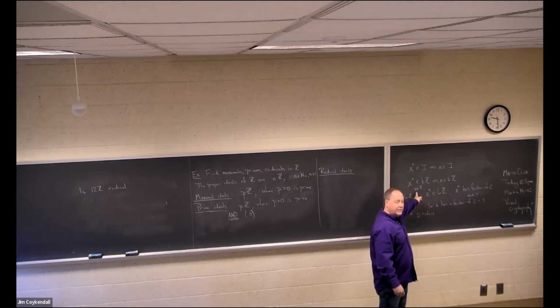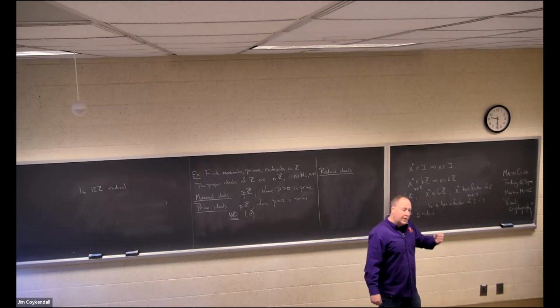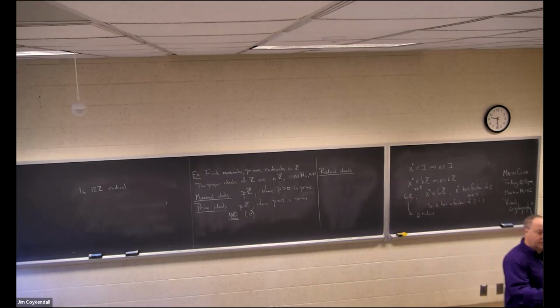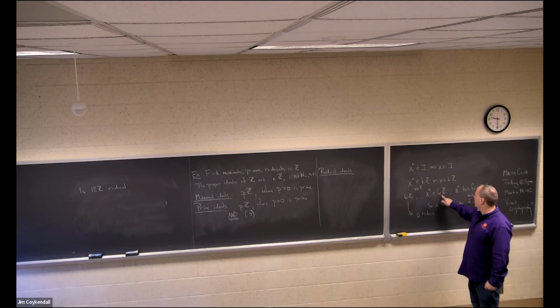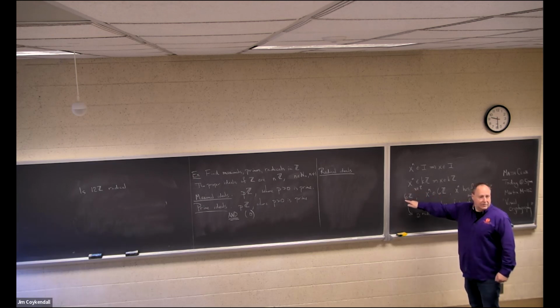So that means x has a factor of 2. That large power of x has a factor of 3. So x has a factor of 3. So x has a factor of 2 and a factor of 3. And 2 and 3 are relatively prime, so it has a factor of 2 times 3. Right? So x has a factor of 6. So if a large power of x is in here, then x had to be a multiple of 6 in the first place.